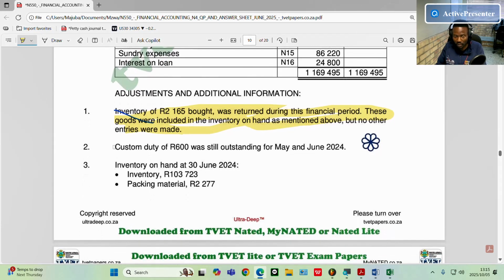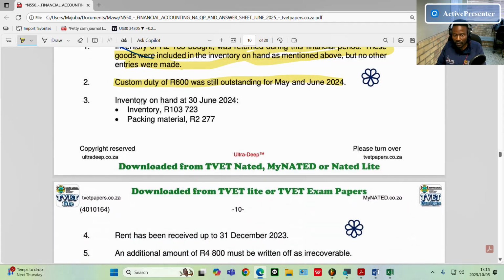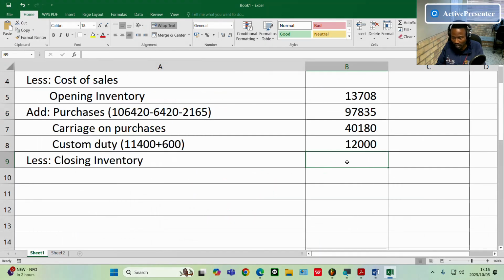I've also dealt with this transaction, so it's done. We are going to find it under the inventory on hand at 30 June 2024. This is the closing inventory. So it's 103,723. I just need to make sure that I less this inventory.